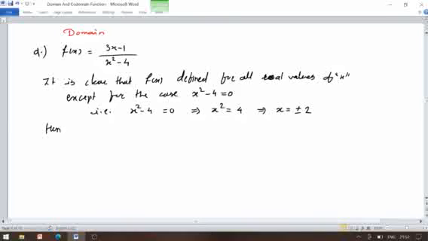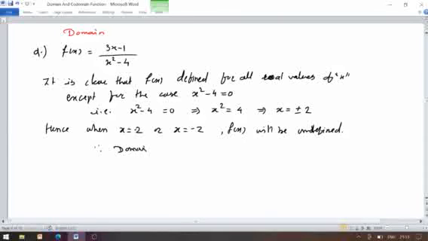Hence, when x equals 2 or x equals minus 2, the value of f of x will be undefined as the denominator becomes indeterminate. Therefore, the domain of the given function f is the set of all real numbers excluding minus 2 and 2.